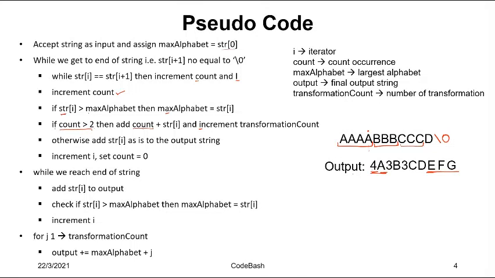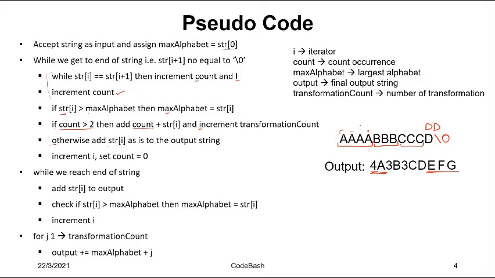After that, suppose that this condition is not true, that we do not have consecutive characters which are 3 or above, then we add the character as it is. So if we had D and D over here, then we would add both of them as they are to the output string. And again, this whole process basically was one pass for one alphabet or character.